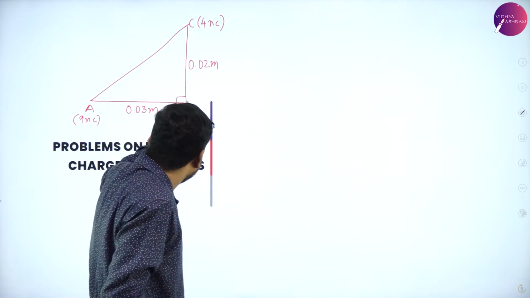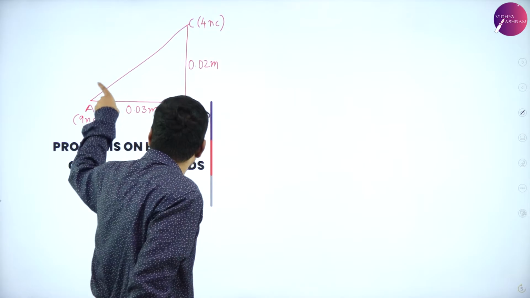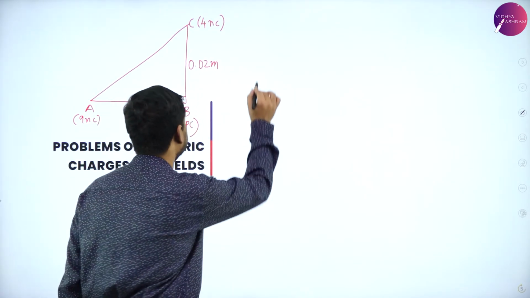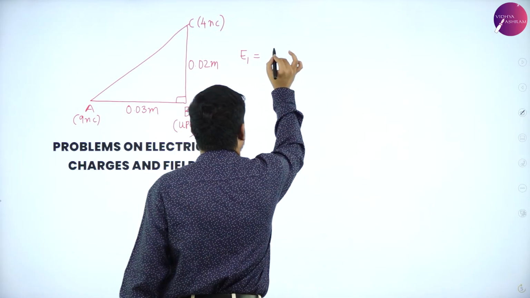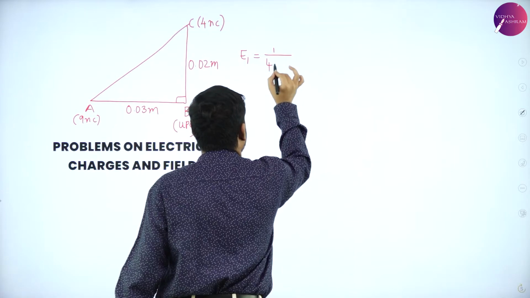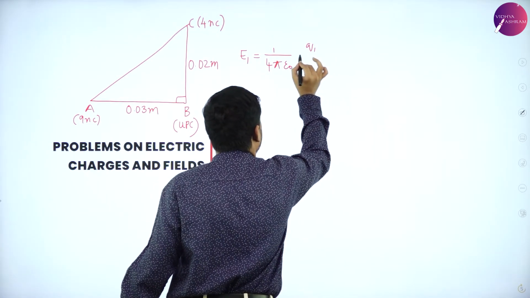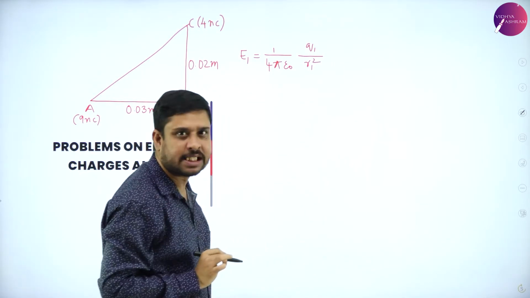First, electric field at B due to the charge at A, E1 equals 1 by 4 pi epsilon naught, Q1 by R1 square.